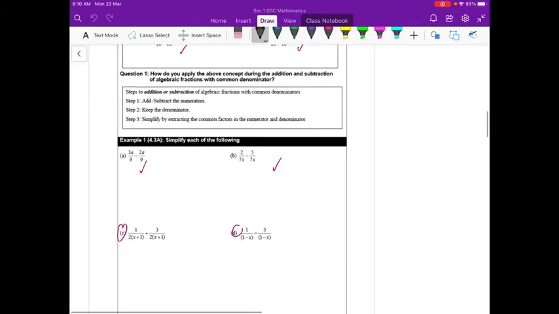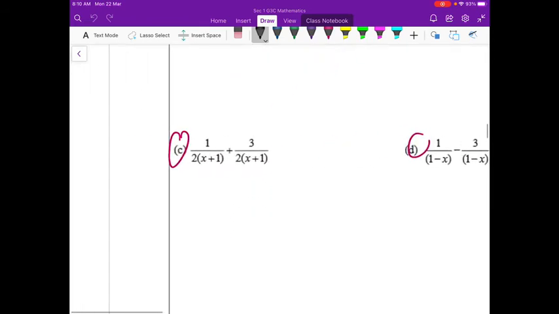Denominators must be the same. Then I can continue. Okay? And in order to do that, we don't just blindly multiply both denominators together. If you just blindly multiply the denominators together, you will get a very big denominator. And then chances are, you can eventually factorize and simplify. We don't want to do all those steps. That's why we find the LCM first.